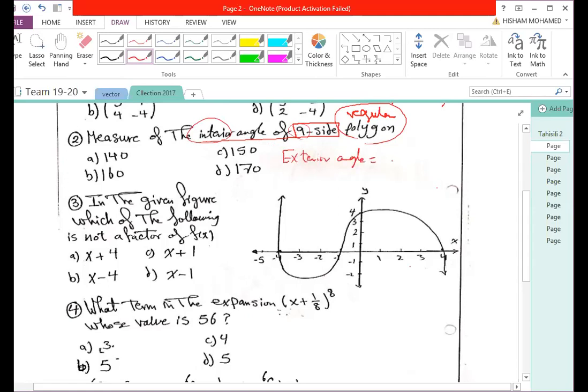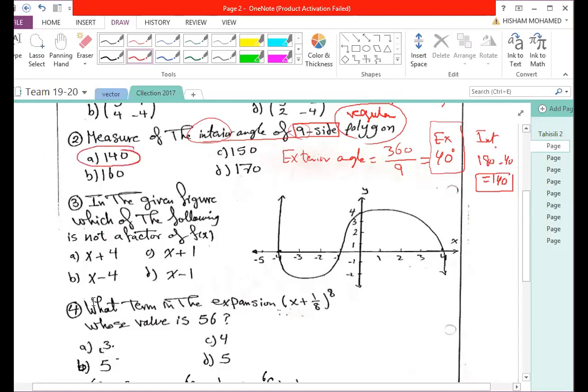The exterior angle of any regular polygon is 360 divided by the number of sides. So the exterior angle is 40. Since the exterior angle is 40, the interior angle is 180 minus 40, which is 140. So the answer is A.